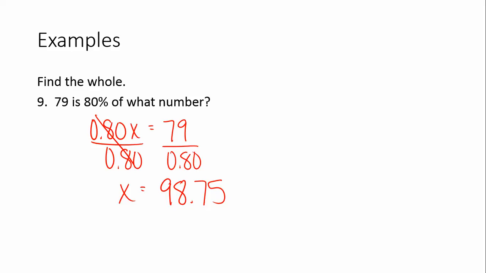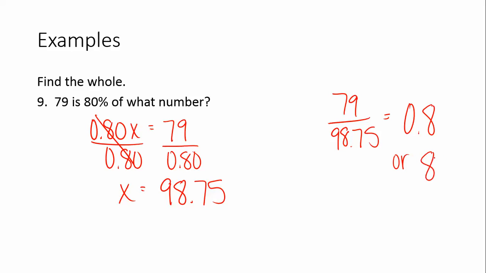So 79 is 80% of 98.75. And again, you can check 79 divided by 98.75 should be 80%. And it is in fact 0.8, which is 80% if you move the decimal place twice.